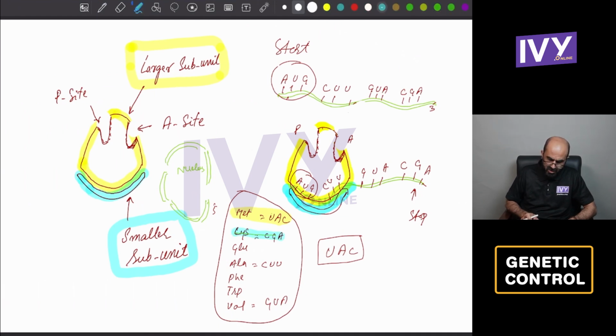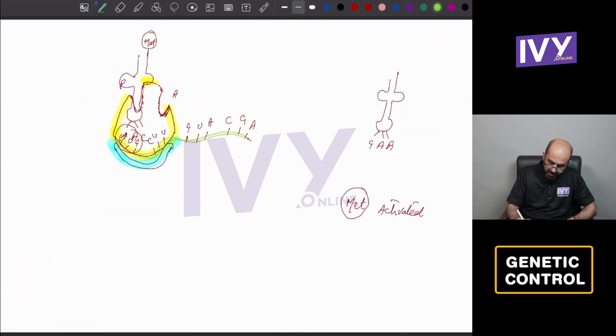So cysteine is going to be attached here. Of the rest of the amino acids, only cysteine will be activated, and it will make an aminoacyl bond to attach with the CCA side of the nucleotide.